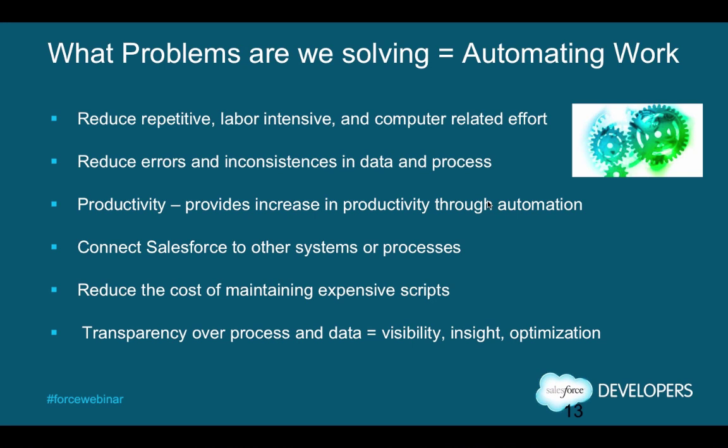If you think about all of the processes that you operate in your company, there are a lot of them. And if you don't think you have them, please re-examine, because you do. There are things you do every day, a series of clicks you have to do, a series of clicks followed by emails that you send. All of these things can be automated and free you up to do more valuable work.